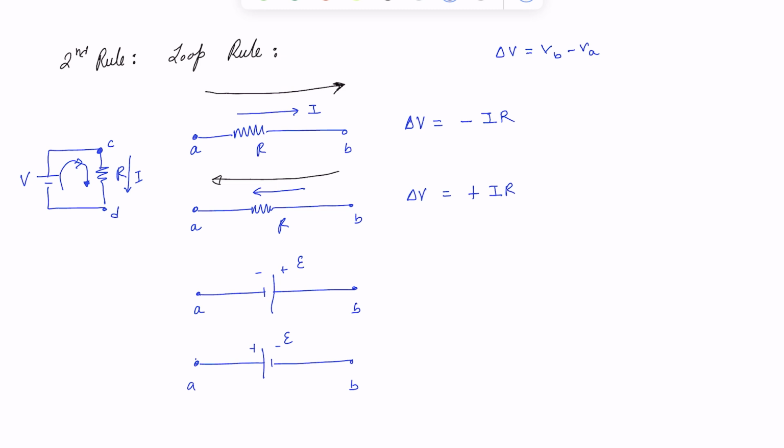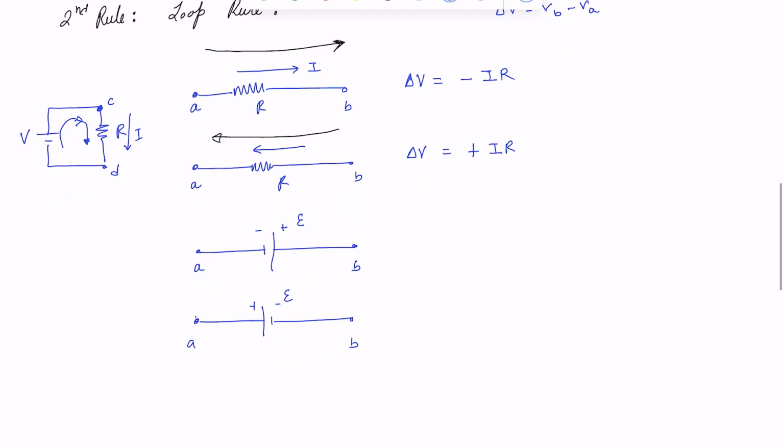Similarly, if you're coming from right to left and you see a battery, delta V is going to be minus epsilon, because that is the potential difference across that battery.